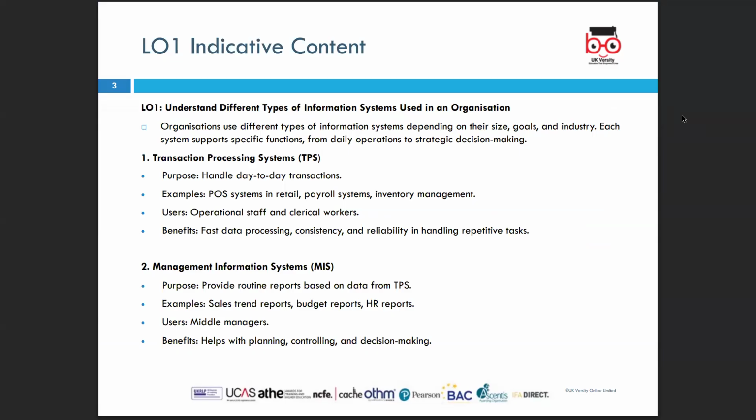We'll look into what they use and what the different types are, depending on the size of the company, the goal, and the industry. As we now know, all these systems have to support a specific function, from daily operations to strategic decision making.